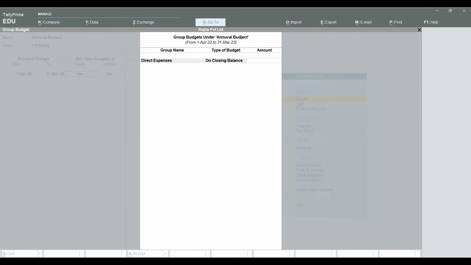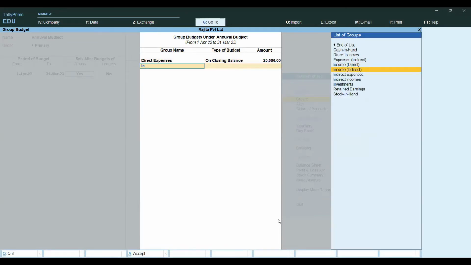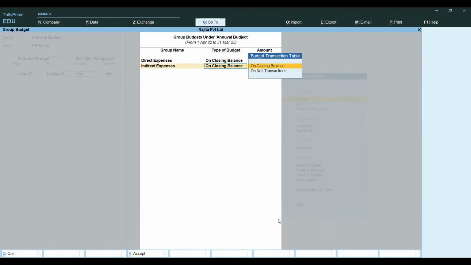How much do we have? Wages 15,000, freight 5,000, total 20,000. Yes, ma'am. Direct expenses, our estimation is 20,000 rupees. Next I am taking indirect expenses. Here you can select On Closing Balance. What is the total indirect expenses estimation value you want to record?